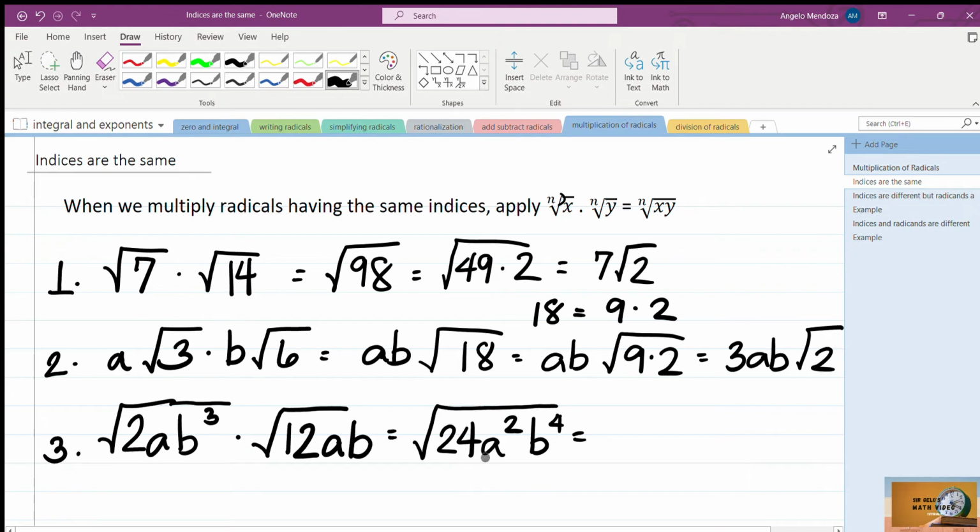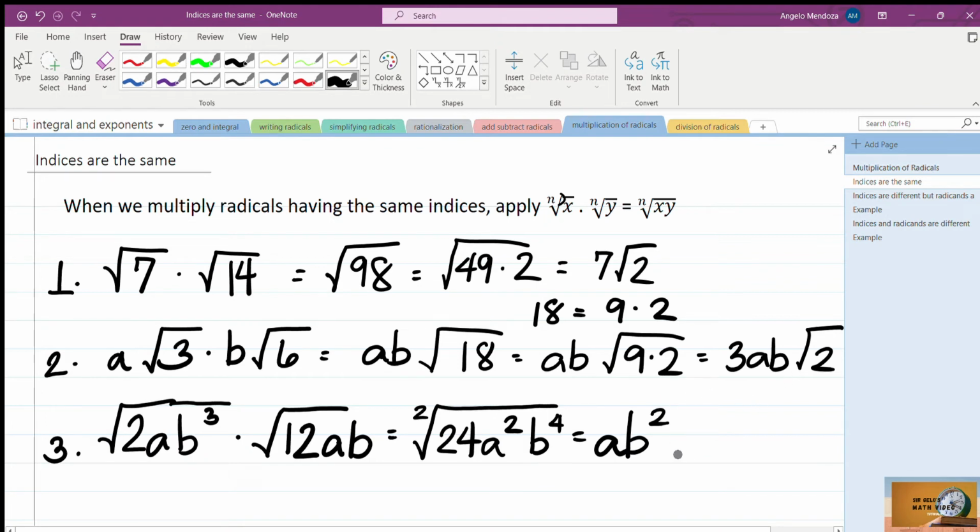But if we look at a squared and b raised to the 4th power, since the index here is 2, we can write a squared b raised to the 4th outside the radical by simplifying these variables, a squared and b raised to the 4th, by dividing the exponent inside by the index outside. So you have 2 divided by 2, so you only have a. 4 divided by 2, you have b squared. So you have ab squared.